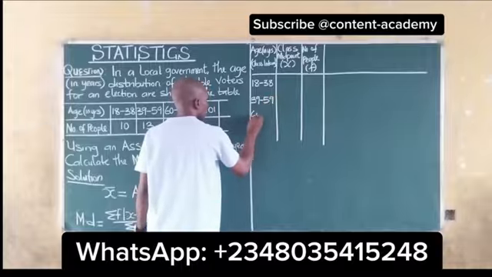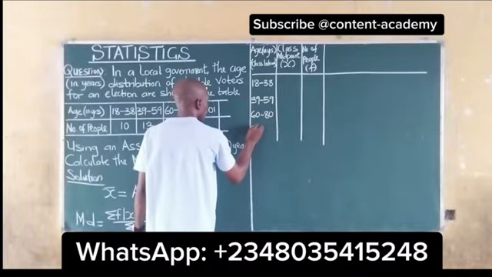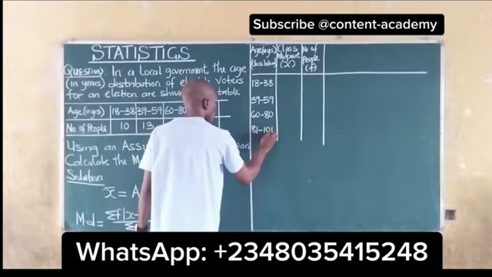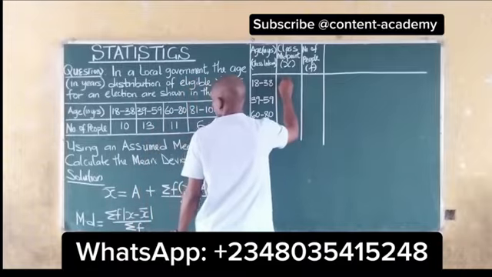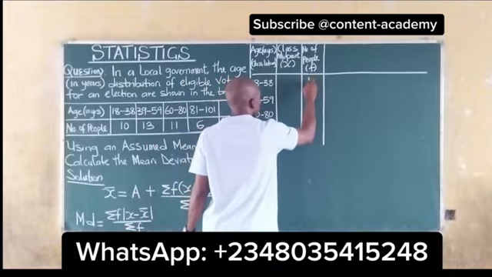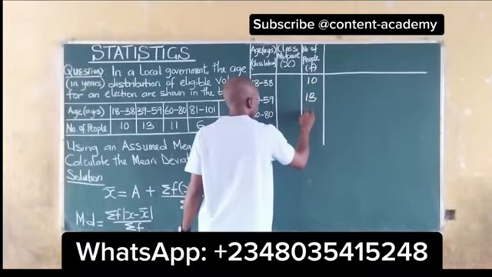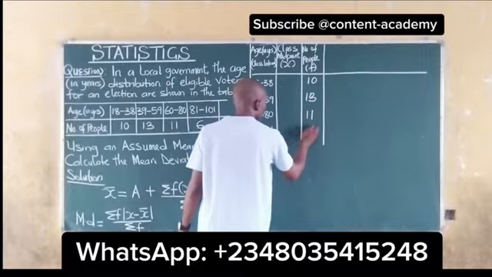The next one is 60 to 80 and 81 to 101. Here we have our f values. We have 10, we have 13, we have 11, and we have 6.